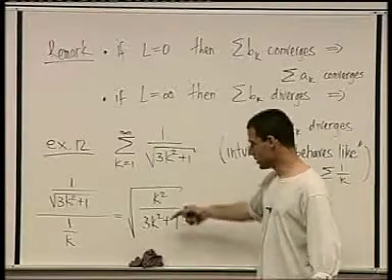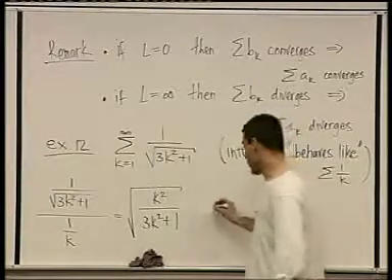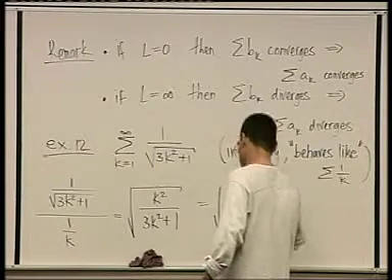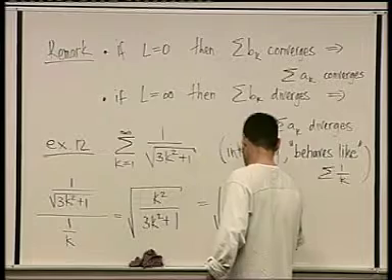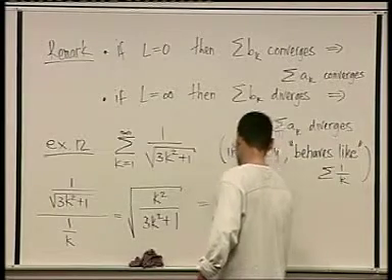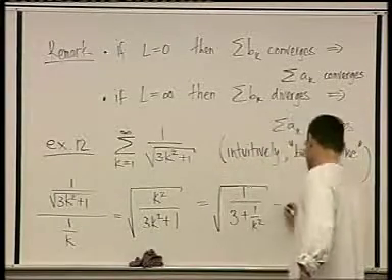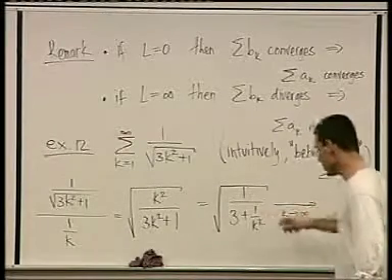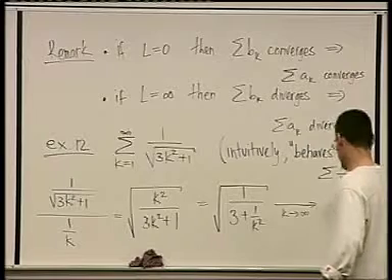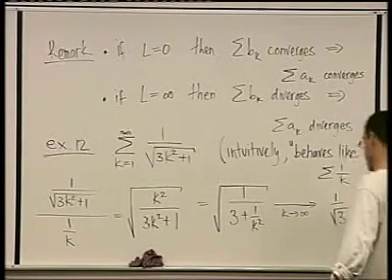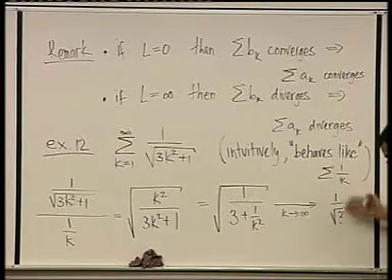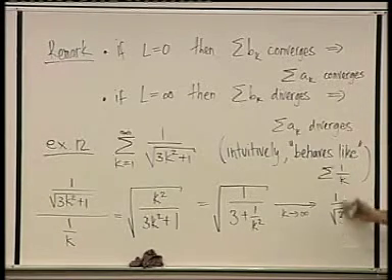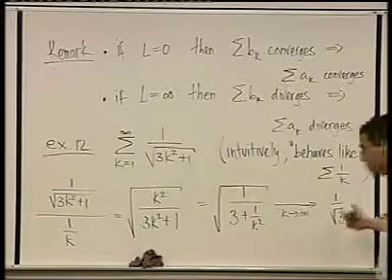I can divide top and bottom by k squared now, so I get the root of 1 over 3 plus 1 over k squared. And when k goes to infinity, this goes to 0, so this goes to 1 over root 3. I don't care about this precise value. All I care about is that it's between 0 and infinity.